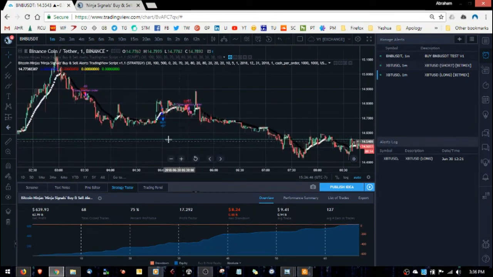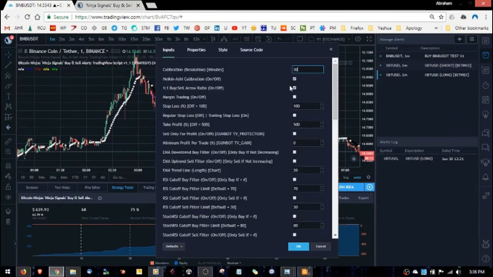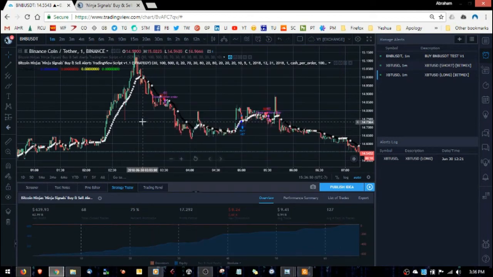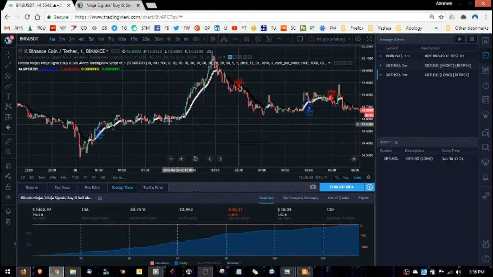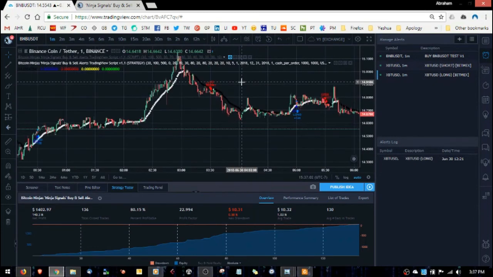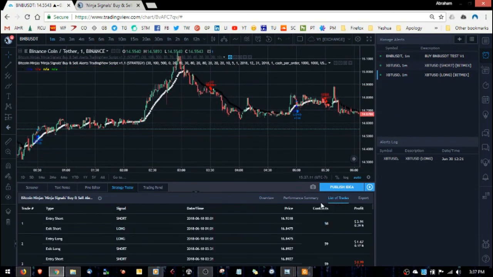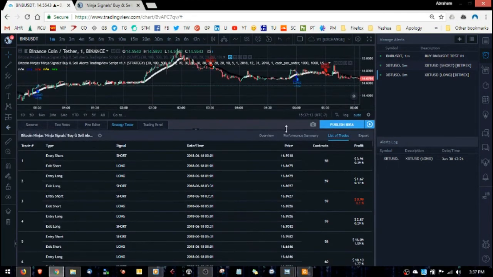So for margin trading, we'll just activate that option, and our closed position orders have now become shorts. And we see that the buy arrows are now long arrows to make profit on the way up, and then the sell arrows now become short entries to not only close the long position and capture that profit, but also open up a new short position and start making profit on the way down. And you can see this reflected in the backtesting area.